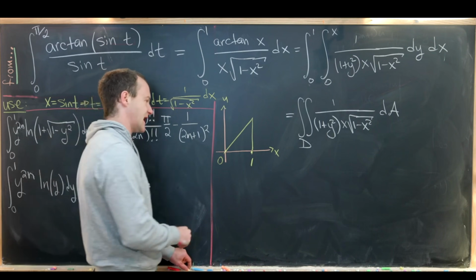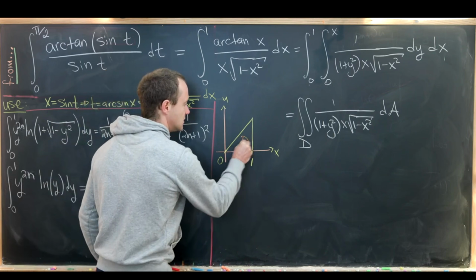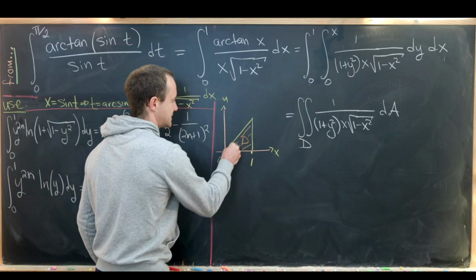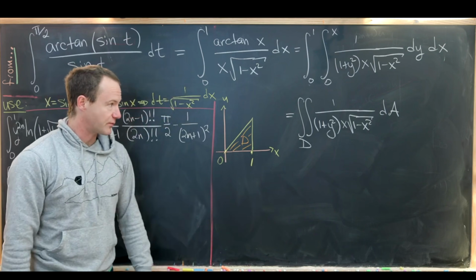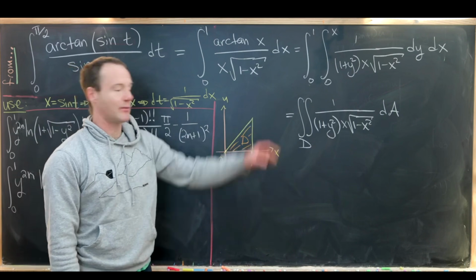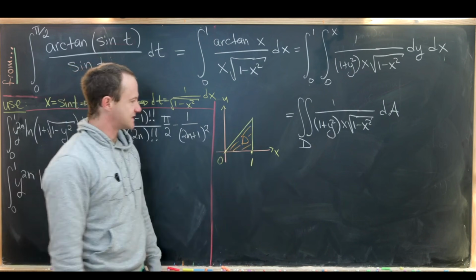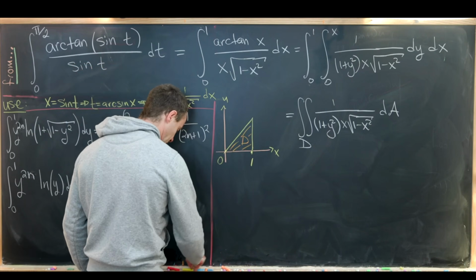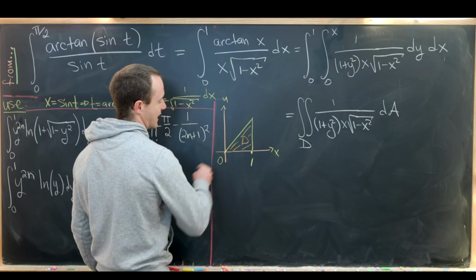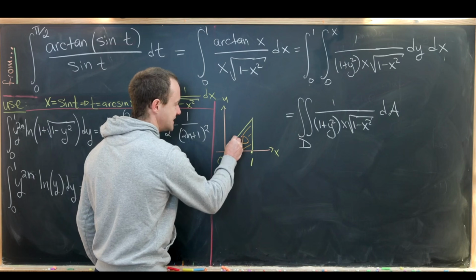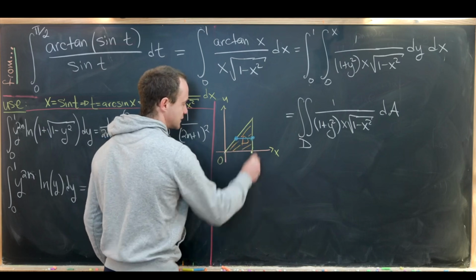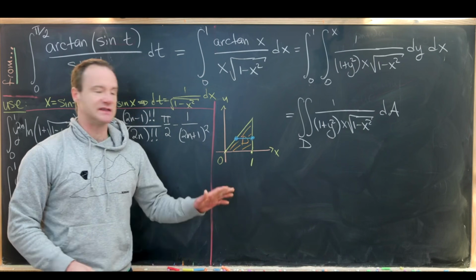So that tells us that our region D looks like this. Okay, so that's good to know because now we can reparameterize this in the opposite order. So let's see, y will go between 0 and 1, and then x will go between the line x equals y and the line x equals 1. So that's how I like to think about that.